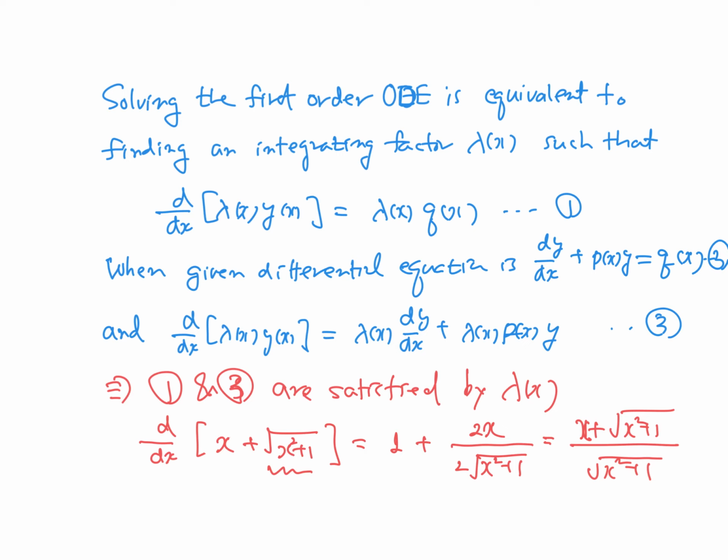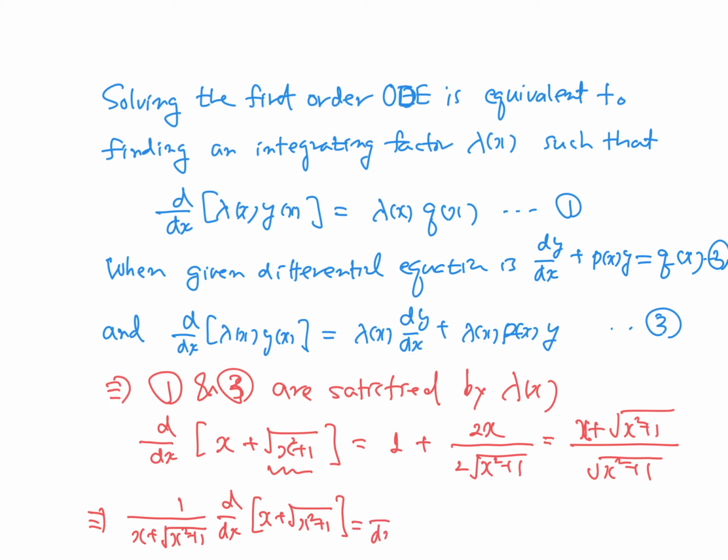So this is also a very interesting property. x plus square root x squared plus 1 over x plus square root x squared plus 1. And this is nothing but the logarithmic derivative, right?